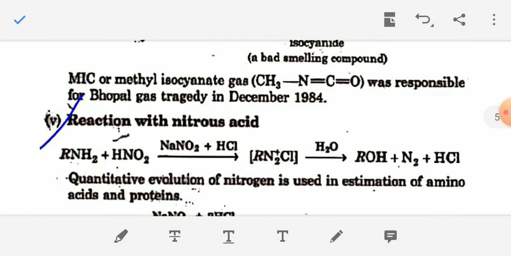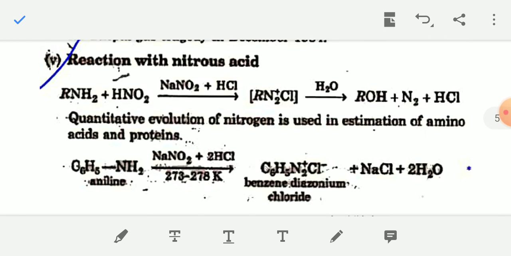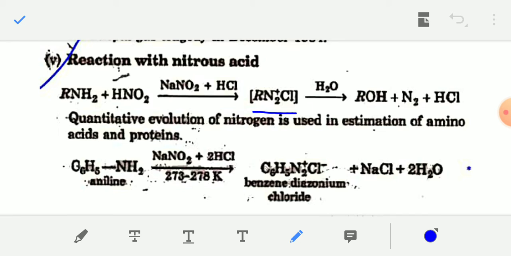Next, reaction with nitrous acid. Reaction of amine with nitrous acid. Nitrous acid means HNO2, and when amine RNH2 reacts with nitrous acid, it will be converted into alkyl diazonium salt RN2 plus Cl minus.